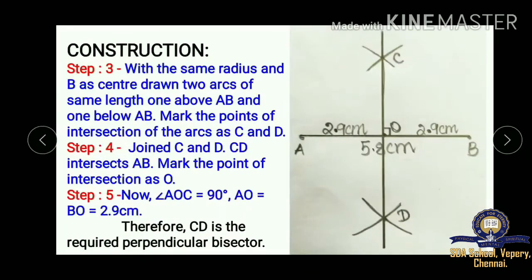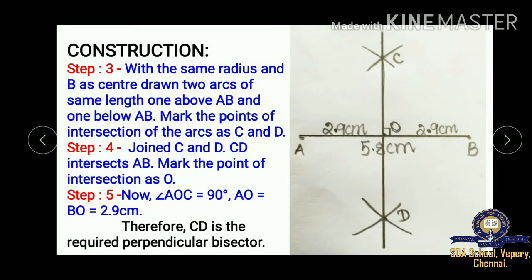Step 3, with the same radius, B as center, again draw two arcs of the same length, one above AB and one below AB, and mark the points C and D. Step 4, now join C and D, and CD intersects AB. Mark the point of intersection as O.